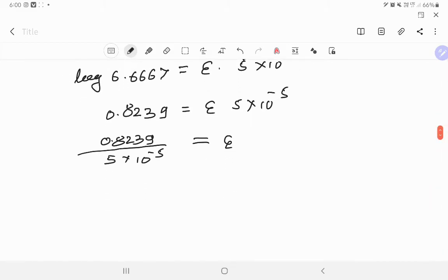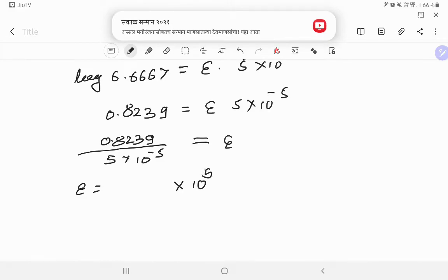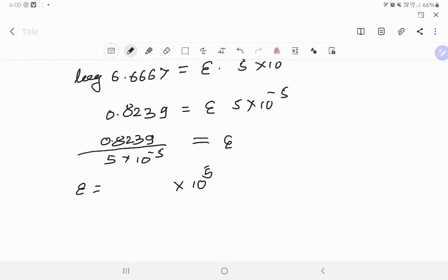You can determine the value of epsilon. Minus 5 becomes 5. 0.8 divided by 5, what will be the value?